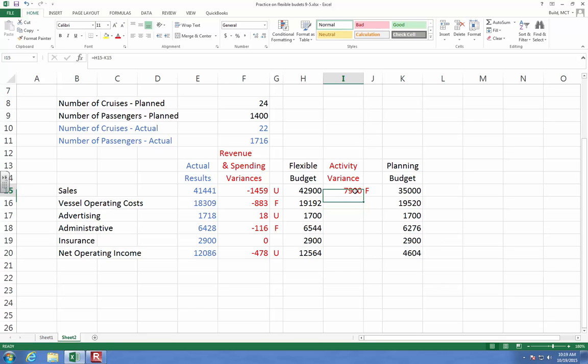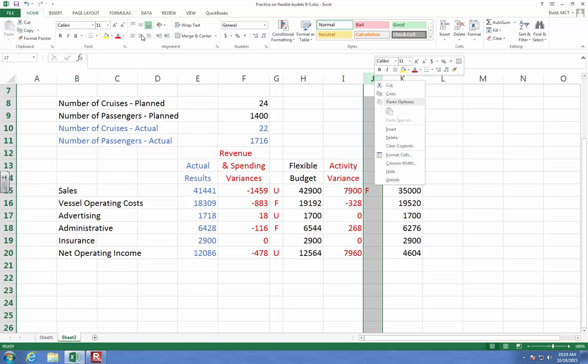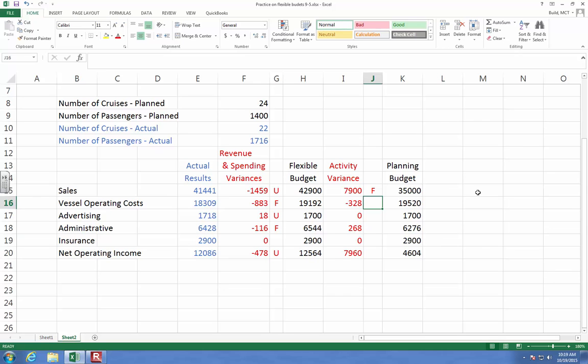And so let's go ahead and just carry this formula down. So go ahead and fill in your F's and your U's. Let's see. So my flexible budget's more than my planning budget. Is that a good or a bad thing? Bigger, so that's a favorable.